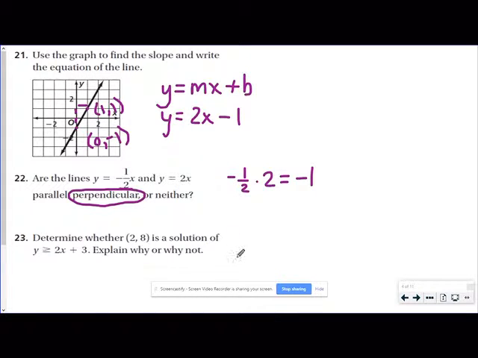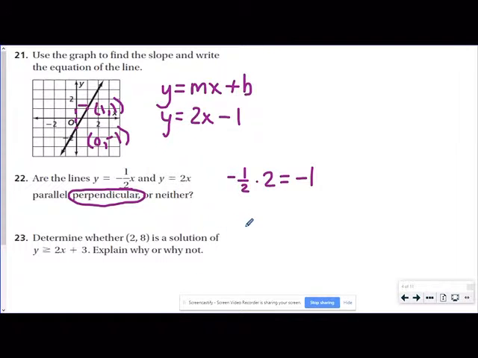For 23, determine whether 2, 8 is a solution of this particular inequality. Explain why or why not. We'll plug the point in. So 8 is greater than or equal to 2 times 2 plus 3.